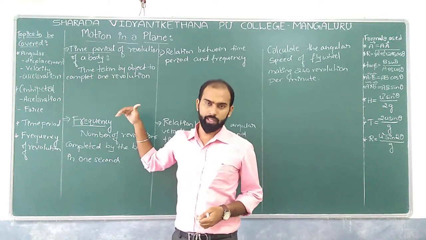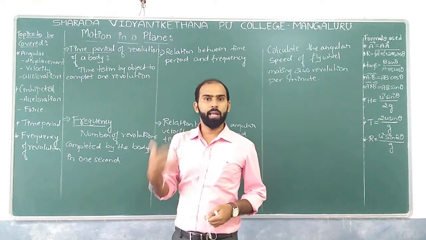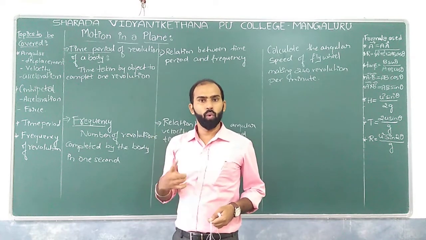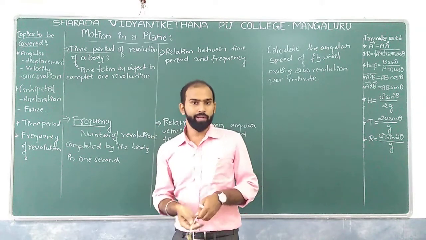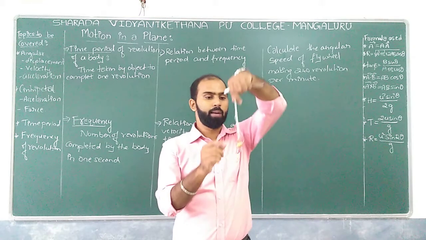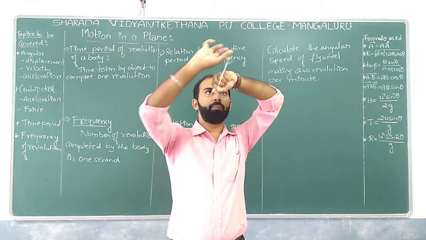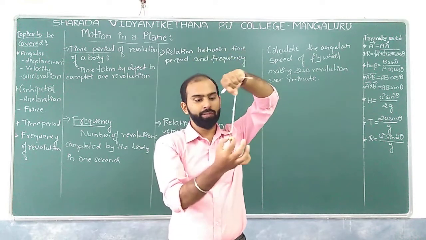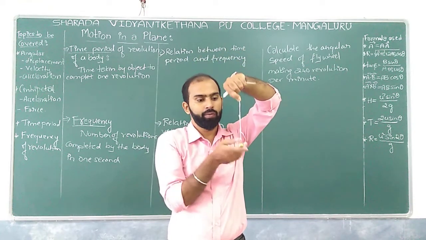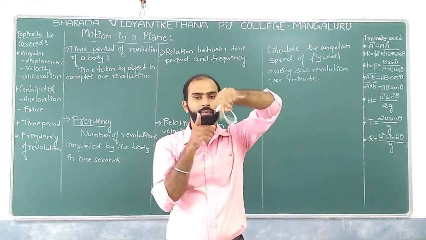The time period is the time required to complete one revolution. One revolution means, for example, if it starts at an initial position, completes the circle and comes once again to the same position, that gives one revolution.